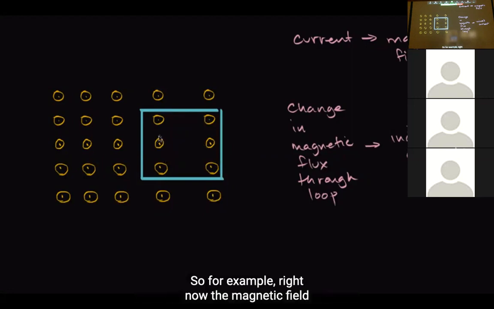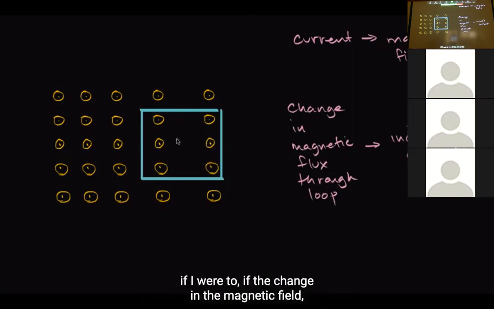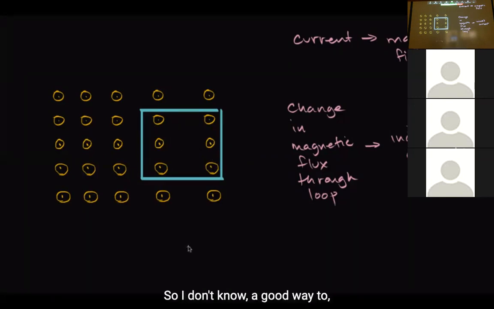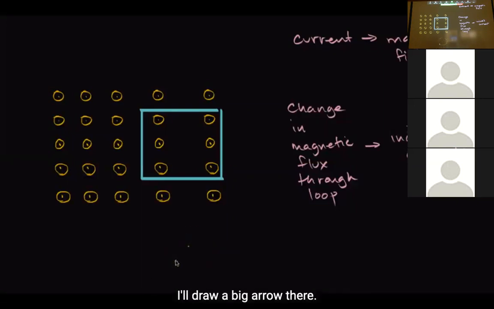But I will be able to induce a current if I change the magnetic flux going through this surface in some way. So for example, right now the magnetic field is pointing out of the screen. If I were to make it even stronger in the direction pointing out of the screen, so one way to think about it is, if the change in the magnetic field, the change in the flux, were to get even stronger in the outward direction, I'll throw a big arrow there.